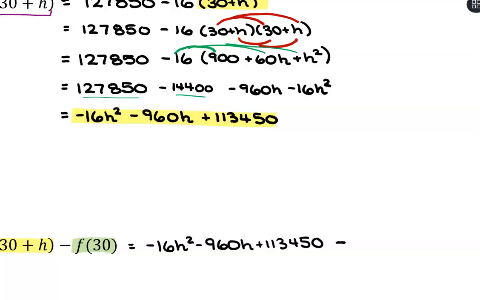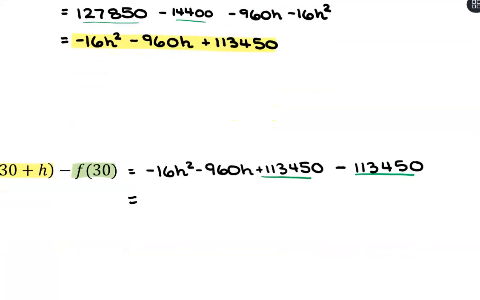So I'm going to subtract f of 30, which is 113,450. And then let's go ahead and simplify by combining our like terms, which would be those two constants, which actually cancel out with each other. So all we're going to have is a negative 16h squared minus 960h.